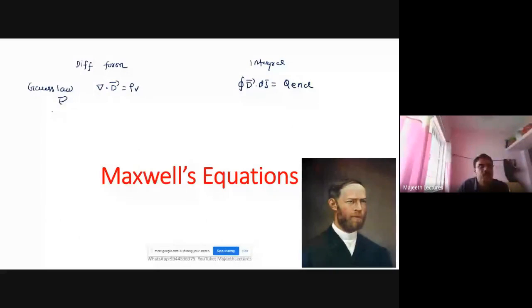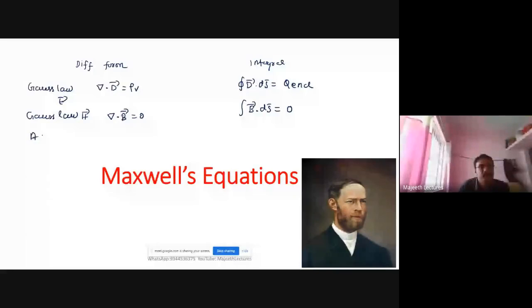Second one is Gauss law for magnetic field. That is nothing but, we know, del dot B is equal to 0. Magnetic field will not diverge. Similarly, closed integral B dot dS is equal to 0. Again, it will not diverge. Then Faraday's law.